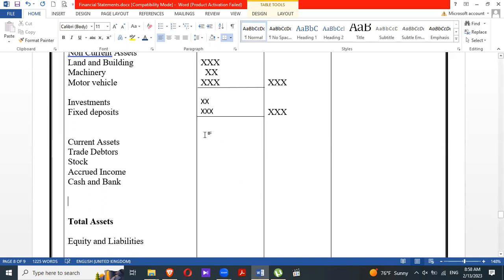Okay, now let's indicate some amounts here. Then again, this total also should be taken to the other side.